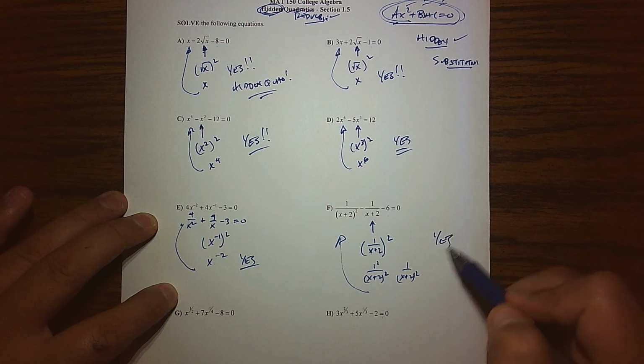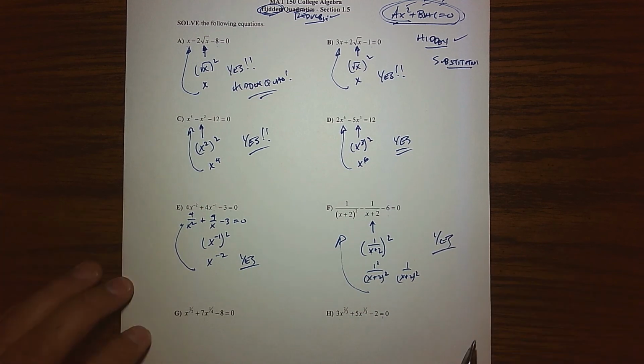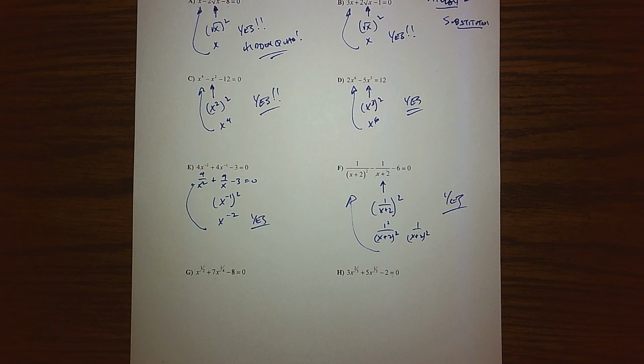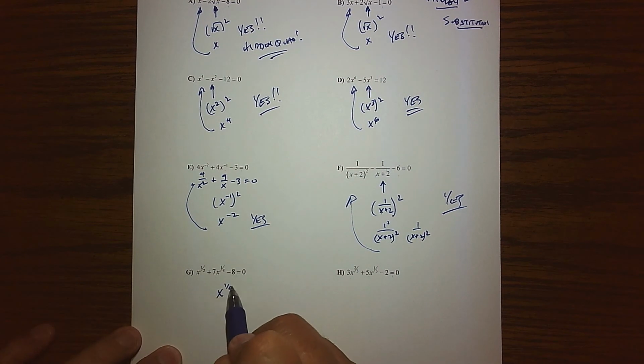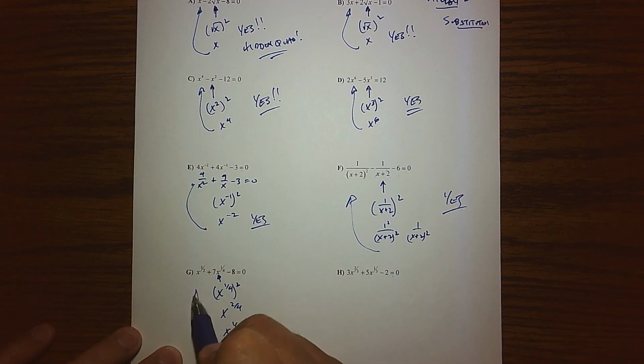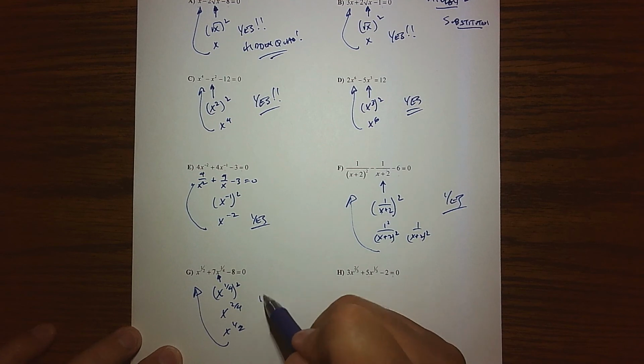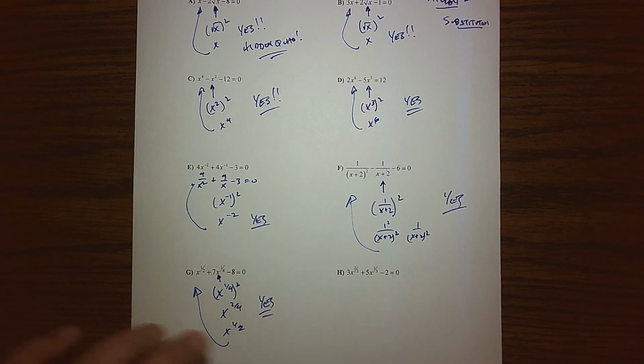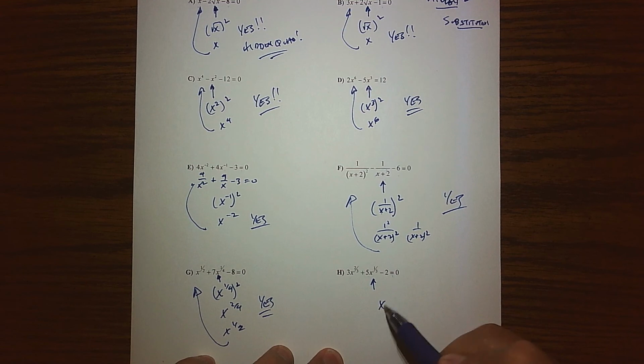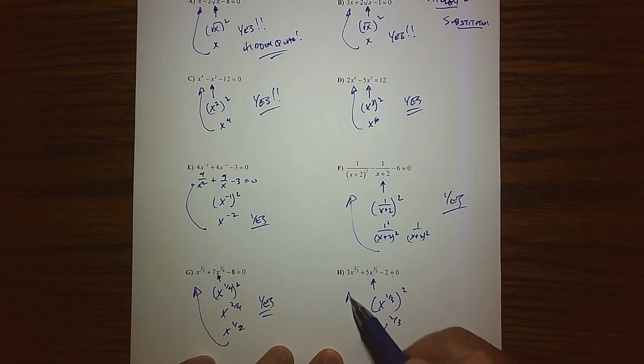So yes, that's a hidden quadratic. And then even these ones down on the bottom here, if I take x to the 1/4, remember it's just the variable part, and I square it, we get x to the 2/4, which is x to the 1/2, and that's what's out in front. So yes, that's a quadratic. And then last but not least, we have x to the 1/3. If I was to square it, multiply my exponents, we get 2/3, which is what's out in front.